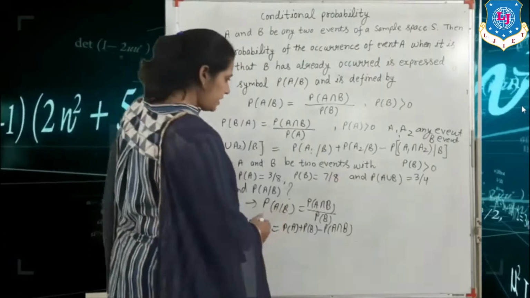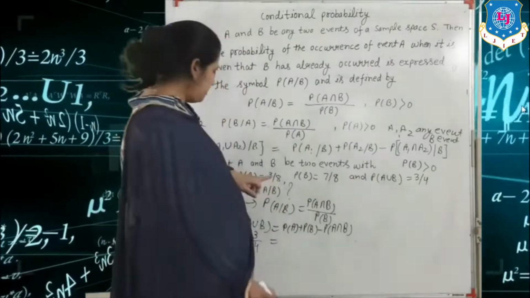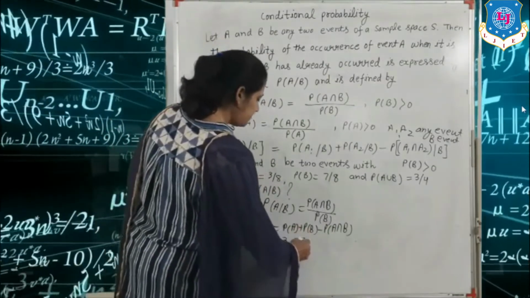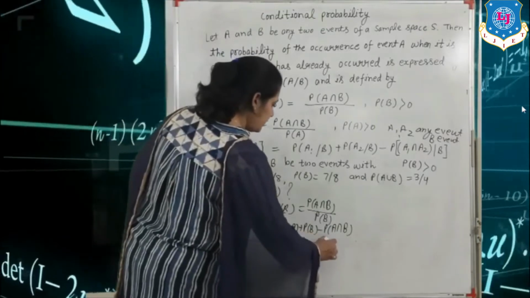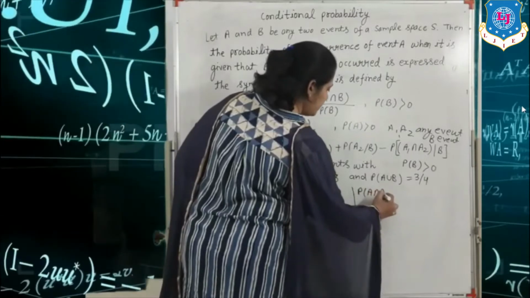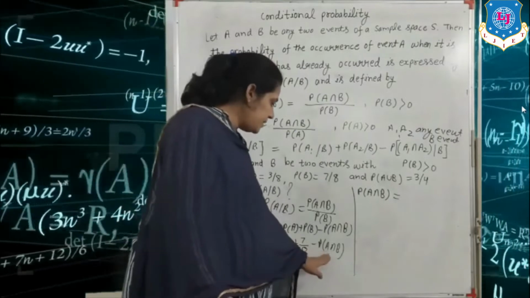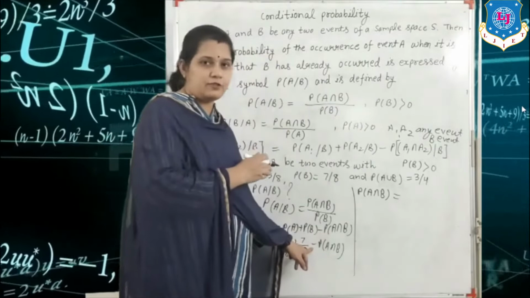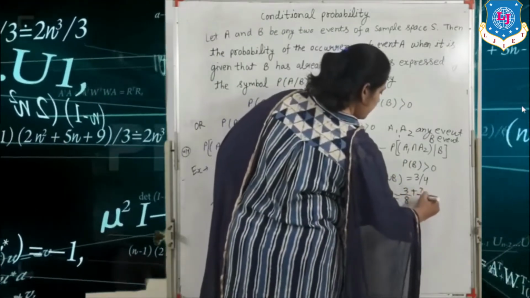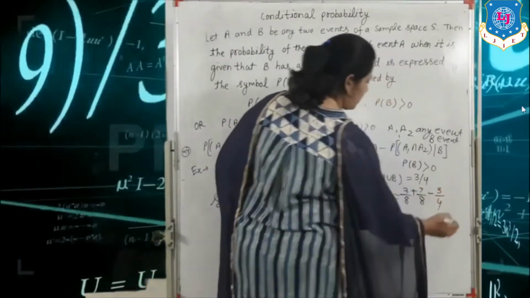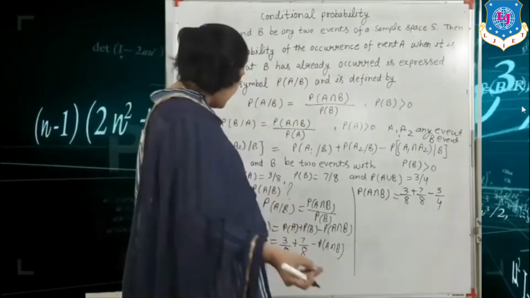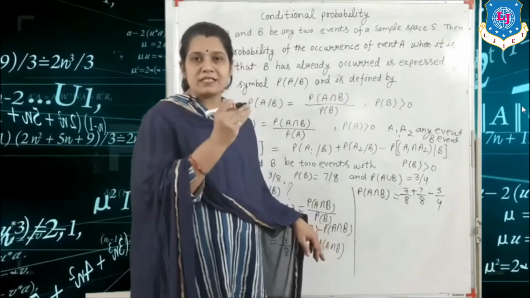So 3 by 4 is equal to probability of A, which is 3 by 8, plus probability of B, which is 7 by 8, and we find the value of probability of A intersection B. Here we write P of A intersection B on the left hand side, so this minus sign is converted into the plus sign, and this 3 by 4 we write on the right hand side, so this plus sign is converted into the minus sign.